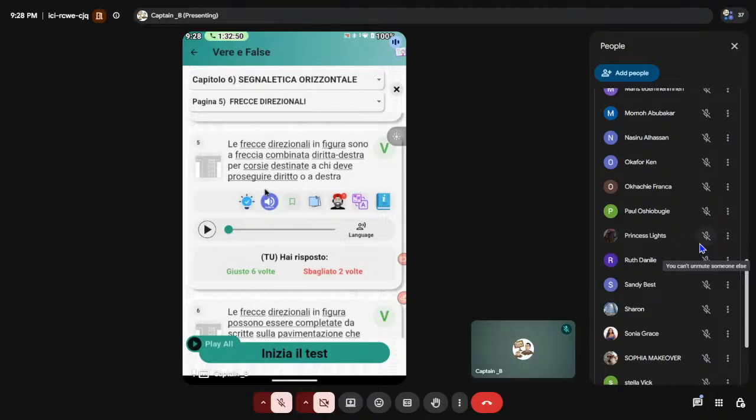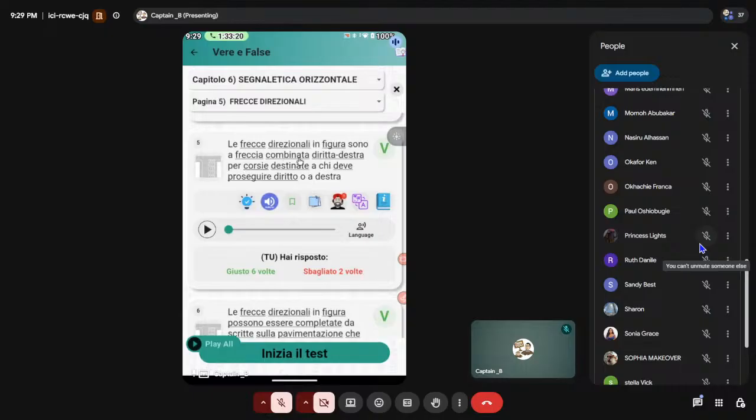Le frecce direzionali in figura sono a freccia combinata diritta a destra per corsie destinate a chi deve proseguire diritto o a destra. Now listen. Combination. Look at this one. Frecce means arrow.